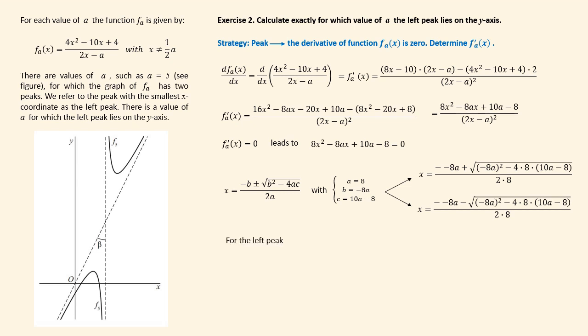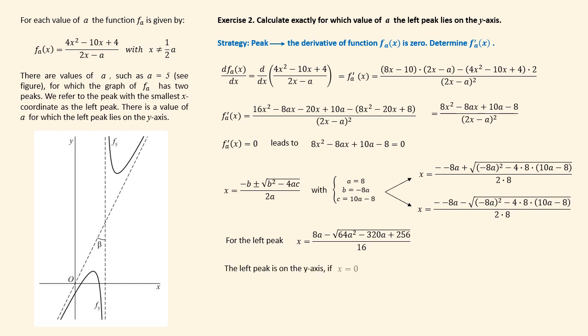Now we know that for the left peak, the x must be smaller than the x of the right peak. So we need the smallest of the 2 x's, which would be this one. So this formula now needs to be further simplified.